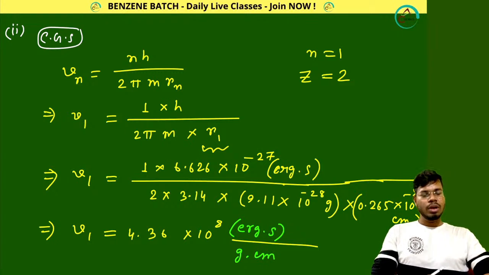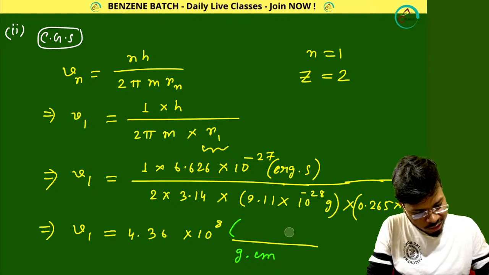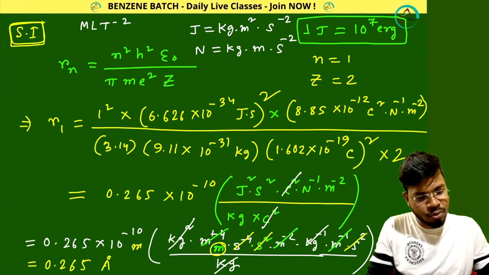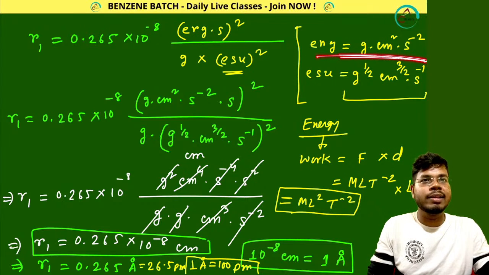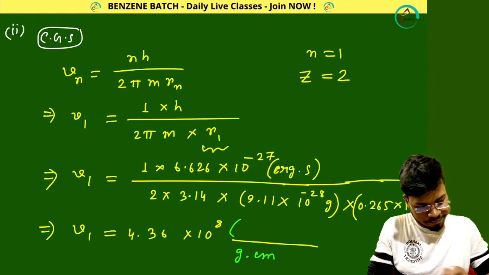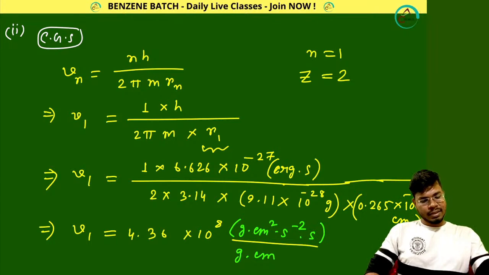So I will change the erg into a different unit. I know what erg means. Let me show you. Erg means gram centimeter square second minus 2, and this second again. Centimeter square I am cutting.